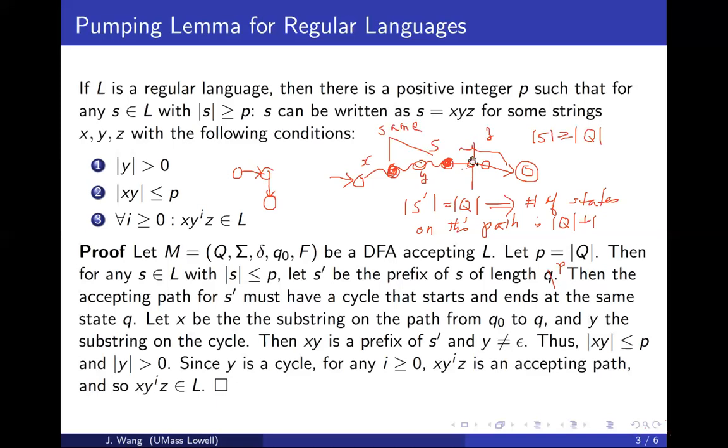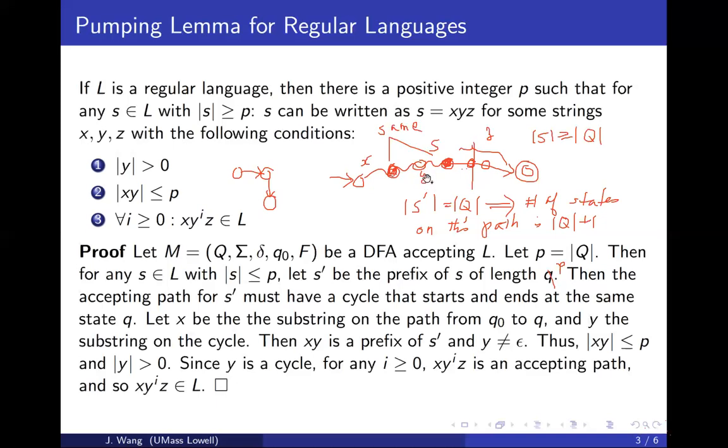And then of course you also go here, so you accepted it. You can remove y and you still have an accepting path. If your input doesn't have the y portion, once you get in here you just read z and you can also accept. So this is an accepting path.